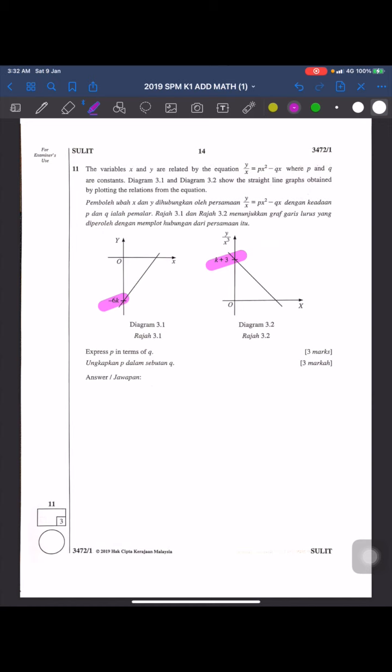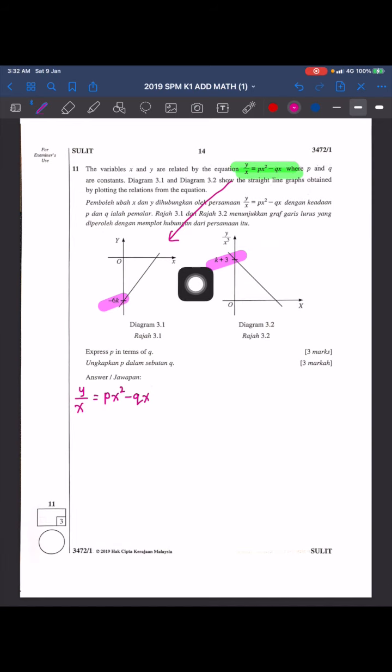Okay, so apa yang kita buat dulu, kita ambil equation ni. This equation, kita cuba reduce dia menjadi seperti ini. Okay, the first part, saya cuba buat dulu. So kita ada y over x equals to px square minus qx. Okay, sekarang di sini kita tengok, yang sini ada y besar, ada x kecil. Kita cuba tengok yang kecil.